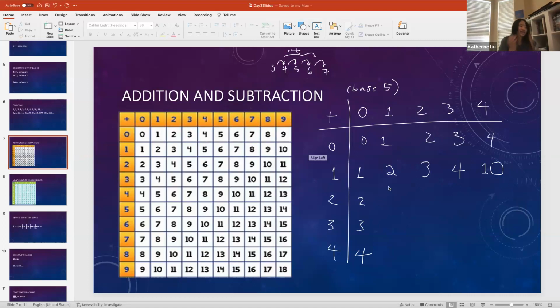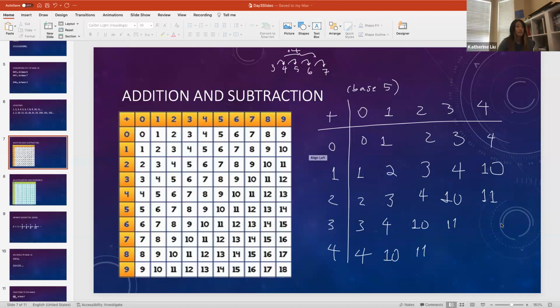Okay, so let's continue. This is going to be 3, 4, and then we have a 2 plus 3. And oh no, that's bigger than 4. So that means we'll have to carry and write down 10. And then 4 plus 2, oh, that's 11. Okay, so 4, 10, 11. And then 3 plus 4, that's 7.